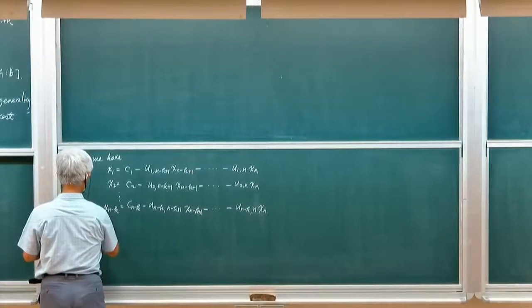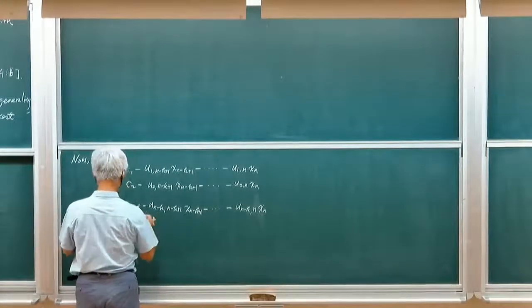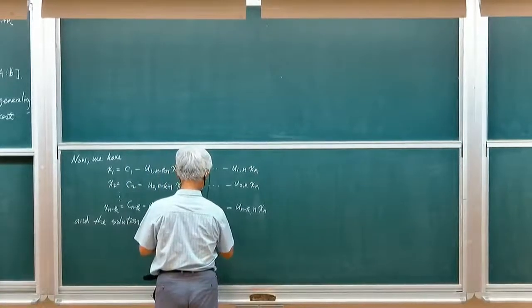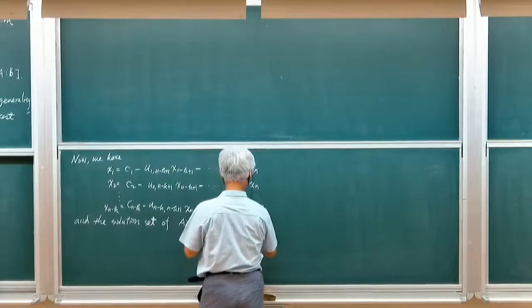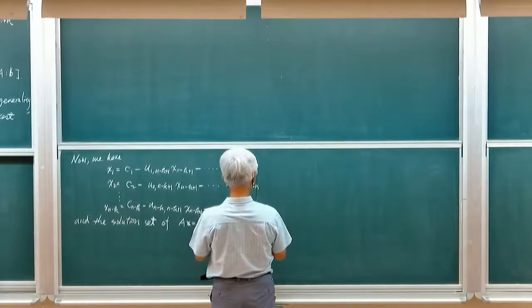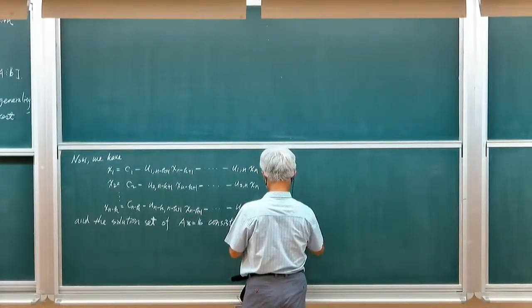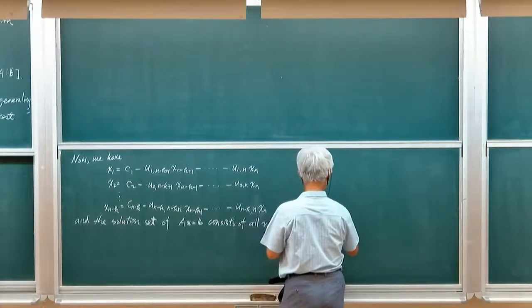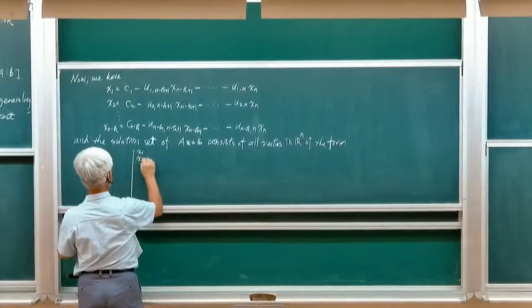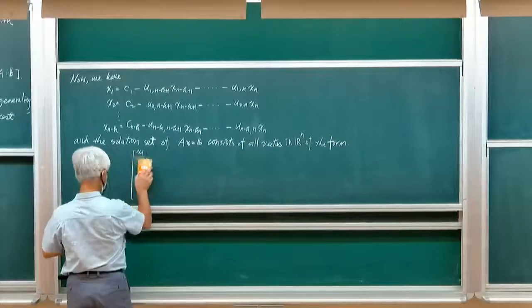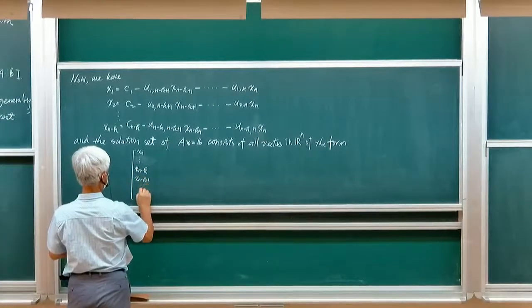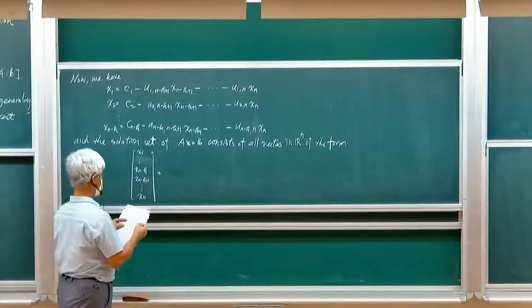And the solution set of the linear system Ax = b consists of all vectors in Rn of the form (x_1, up to x_{n-k}, x_{n-k+1}, up to x_n).